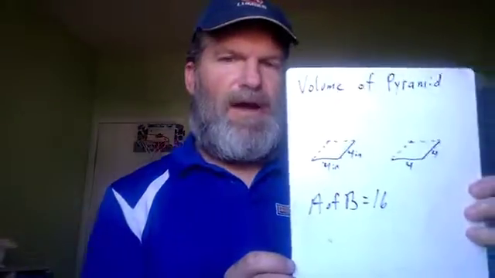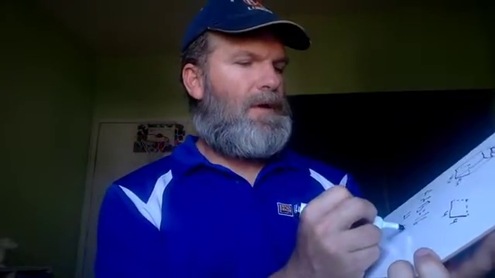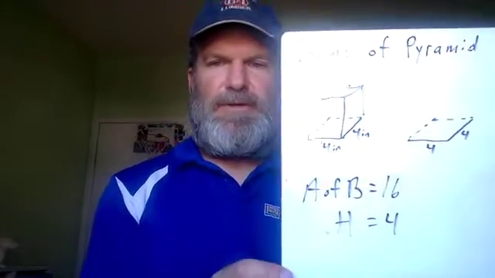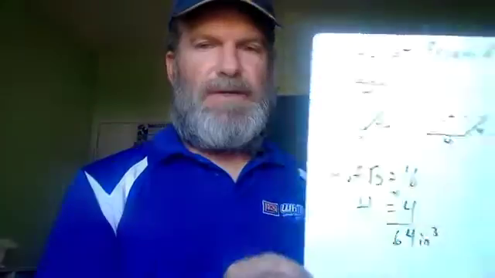And if we turn our box into a cube by giving it a height, which is also 4, then it's 16 times 4. The volume of a three-dimensional shape is area of the base times the height. 16 times 4 is 64. So that's the work that you did yesterday, and it would actually be inches cubed. All right, so that's the box.